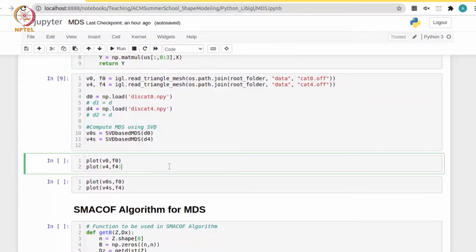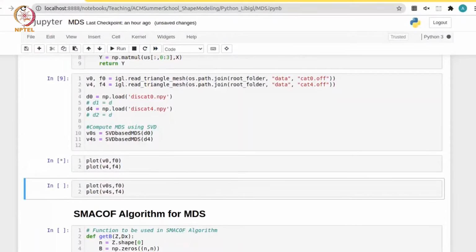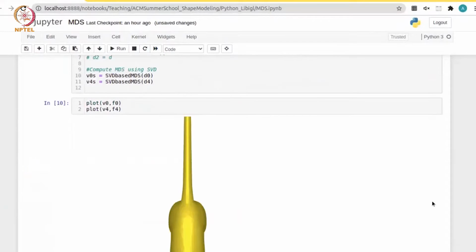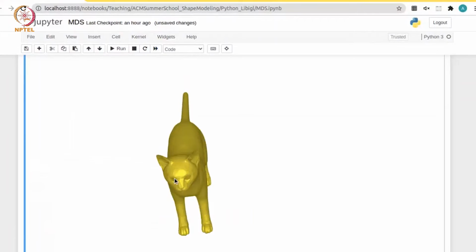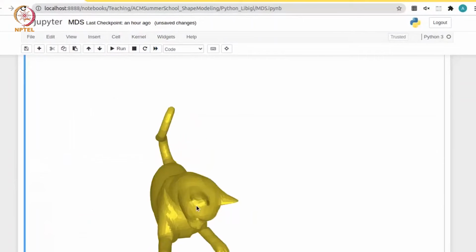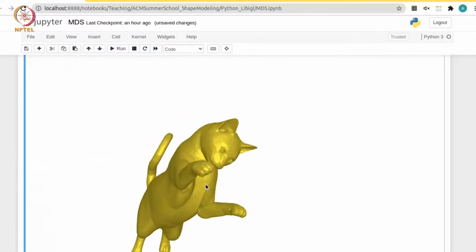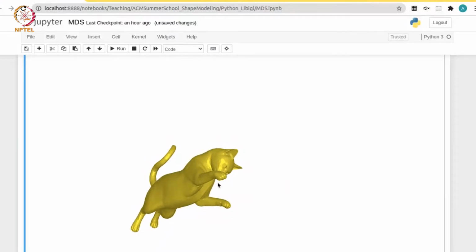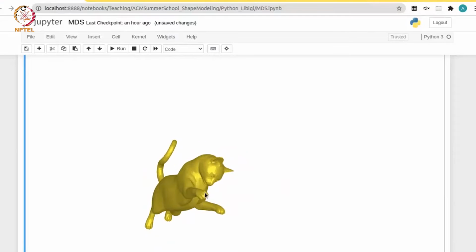Anyway, let me first show you the source meshes here. This is the usual CAT0 mesh, as seen in the morning session, and this is your CAT4 mesh.